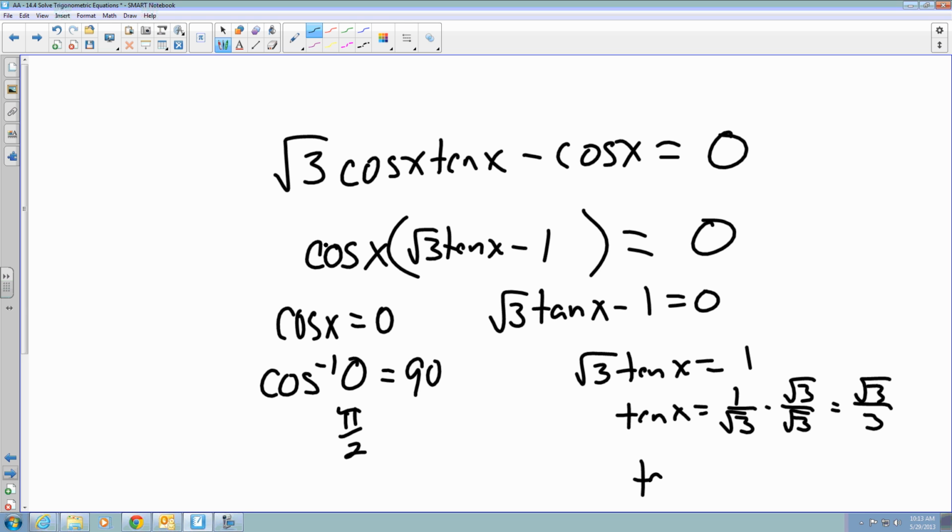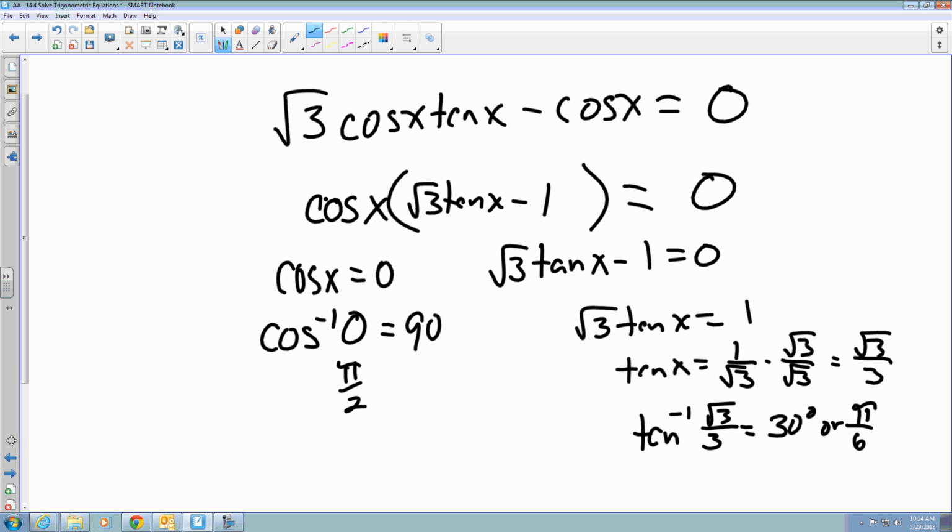And then this is a trig ratio. So if I were to take the inverse tangent of square root of 3 over 3, I would get 30 degrees, or pi over 6. Now, what makes this one a little bit different from the other one is I want to check my solution.